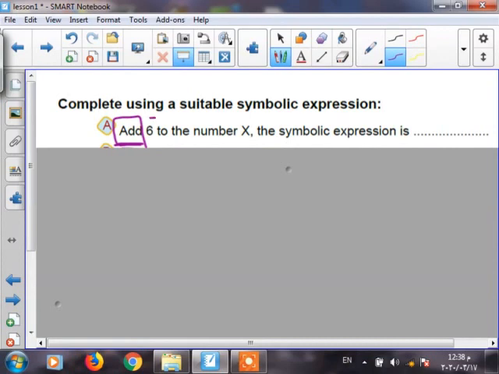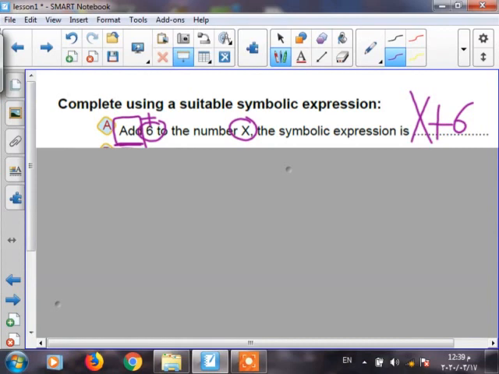So add 6 to the number x. Number 1, I want to add a number like 6 to the number x. So I want to write this by using a simple expression. Number 1, I want to write here a symbol like x. Add means plus what? Plus 6.